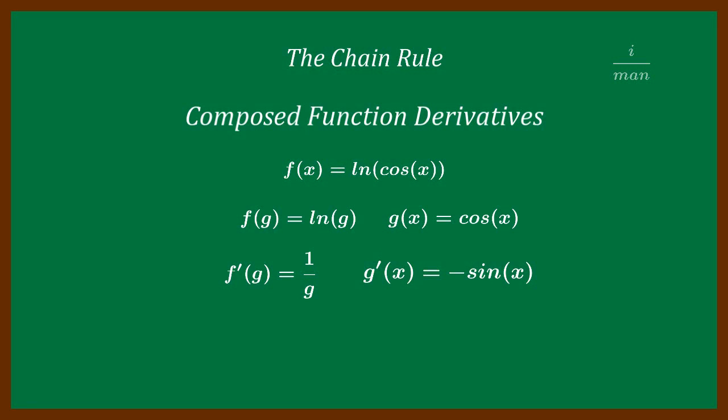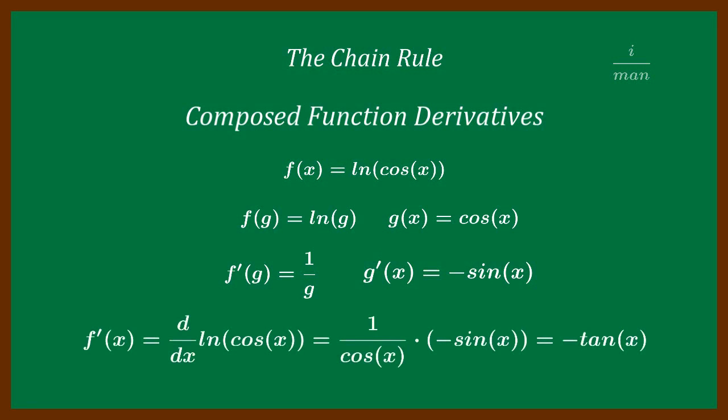Using the chain rule, we get that f prime of x is 1 over g times minus sine of x. Since g is cosine of x, this is equal to minus sine of x over cosine of x, or minus tangent of x.